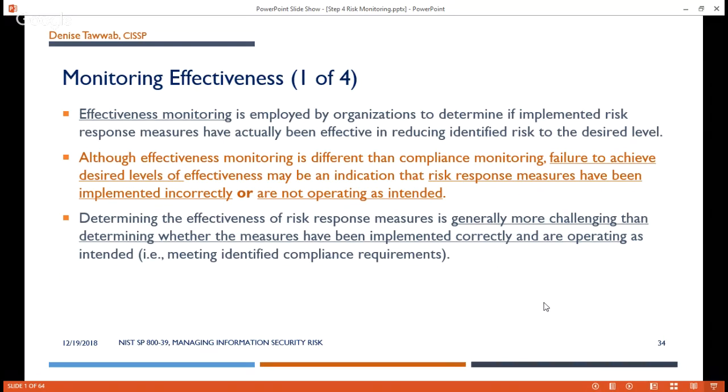Although effectiveness monitoring is different from compliance, failure to achieve desired levels of effectiveness may be an indication that risk response measures have been implemented incorrectly or are not operating as intended. Determining the effectiveness of risk response measures is generally more challenging than determining whether the measures have been implemented correctly and are operating as intended, meeting identified compliance requirements.